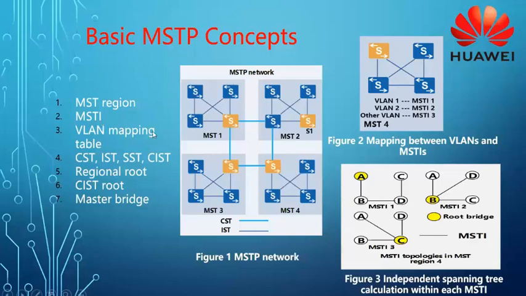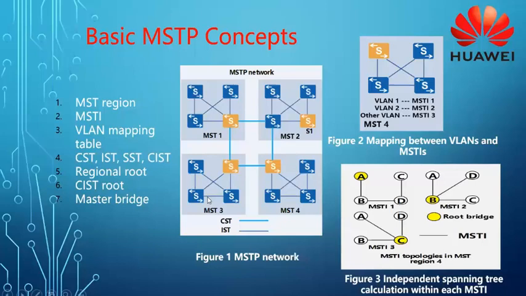I have other terms like CST, IST, SST, and CIST. These are the common spanning tree, the internal spanning tree, the single spanning tree, and the common internal spanning tree. They belong to the spanning tree algorithm used in each MST.